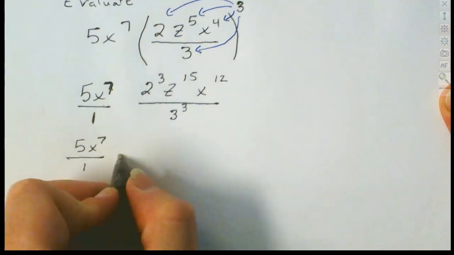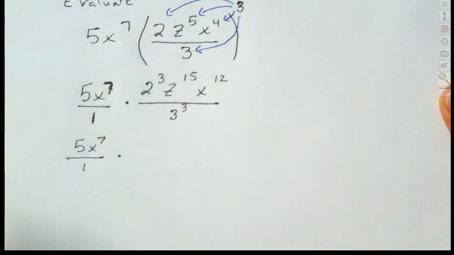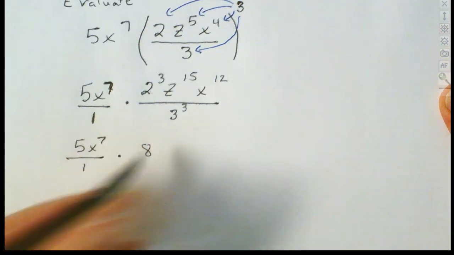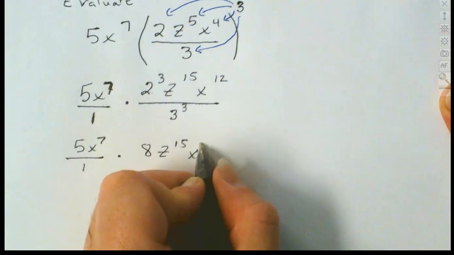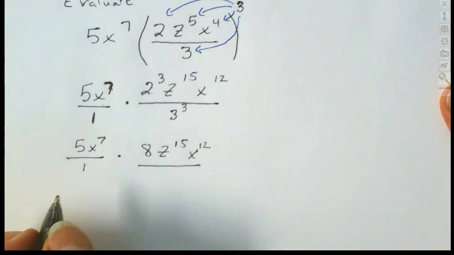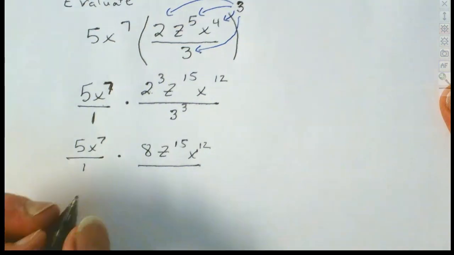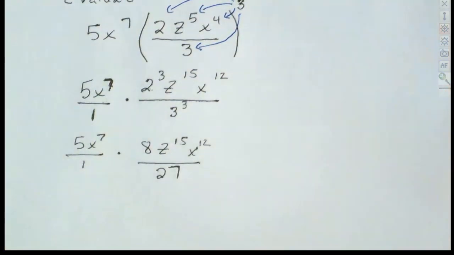Over 1, and then that's going to be multiplied, put a multiplication dot here, by 2 cubed, which is 8, z to the 15th power, x to the 12th power, over 3 cubed. 3 cubed is not 9. 3 cubed is 3 times 3 times 3, which is 27. So I broke down all of my exponents. Now we can put it all back together, and we can get our final answer.